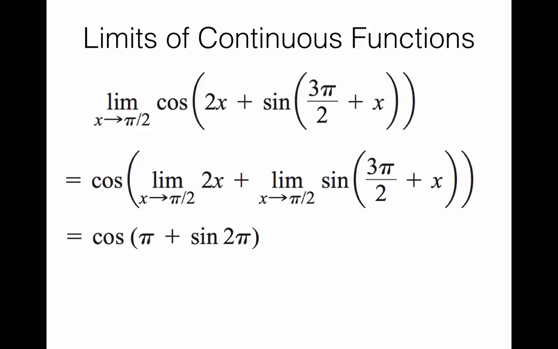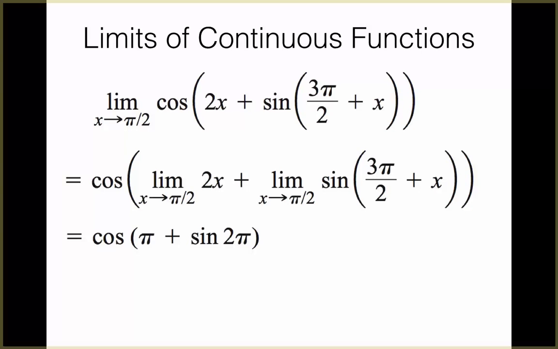So in the first limit, the limit of 2x as x approaches pi over 2 reduces to pi. And on the second limit, when I bring the limit inside and then plug in pi over 2 for x by direct substitution, I would get 3 pi over 2 plus pi over 2. That would give me 4 pi over 2, which would reduce to 2 pi. So that's how you would get sine of 2 pi.